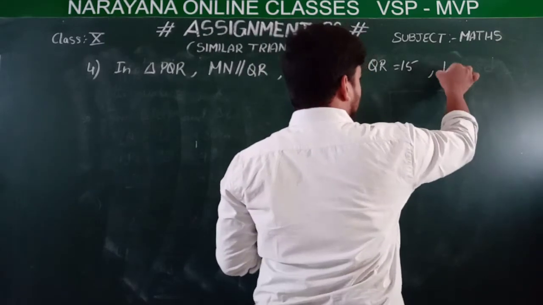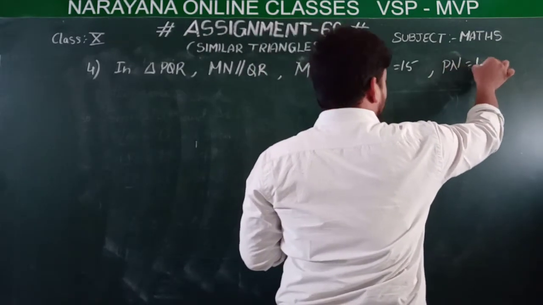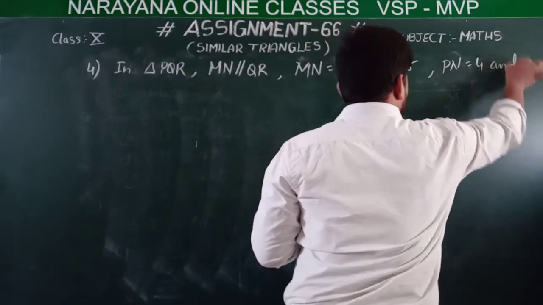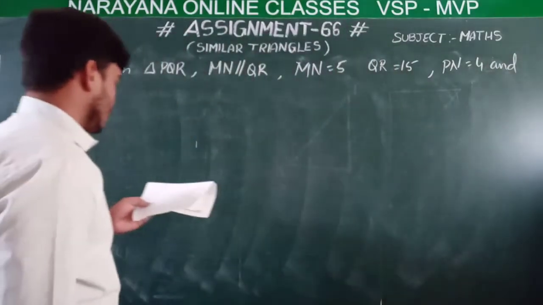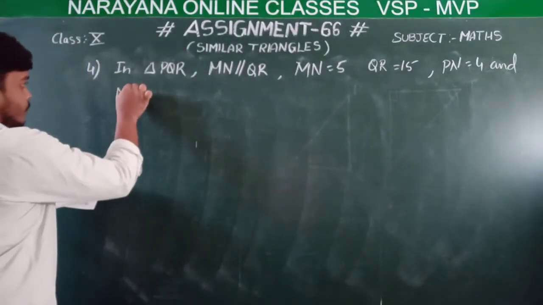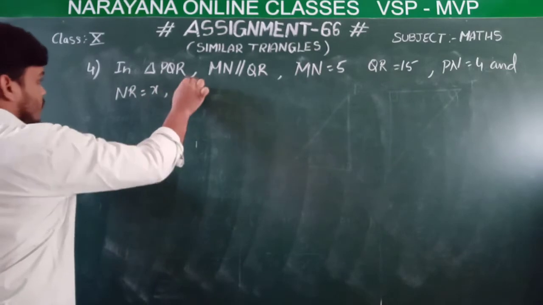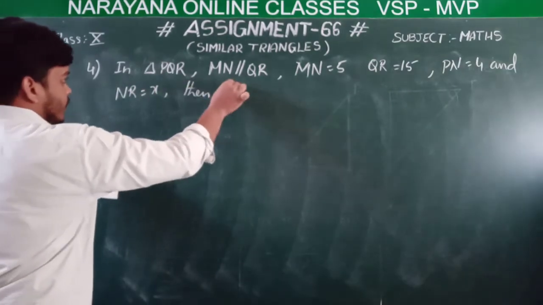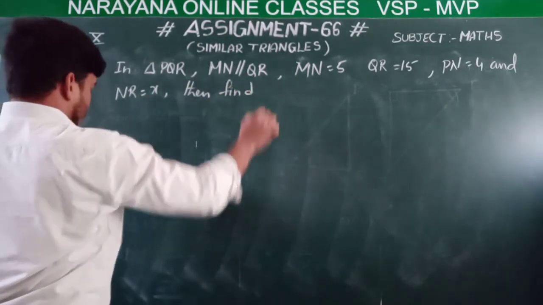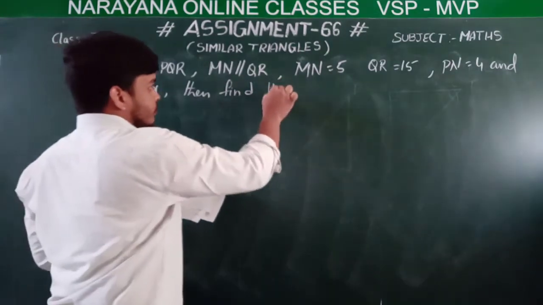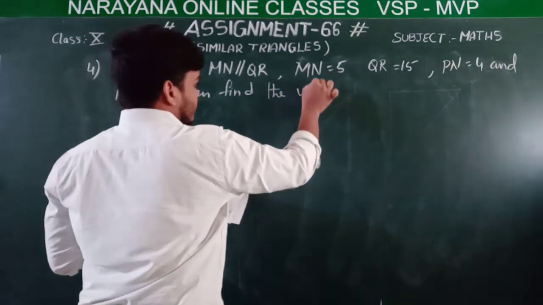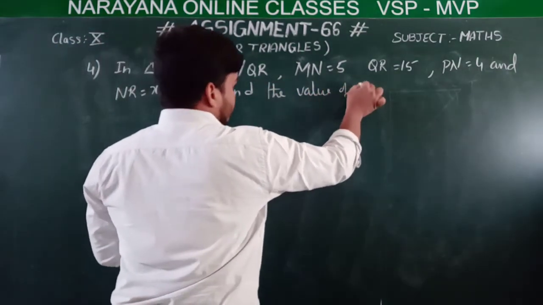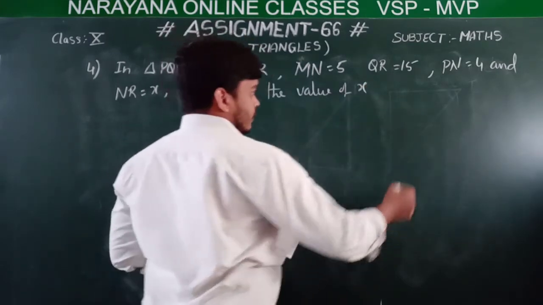PN is equal to 4 and NR is equal to x. Then find the value of x.